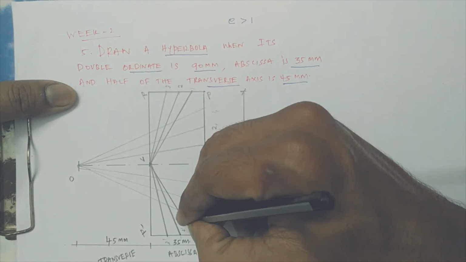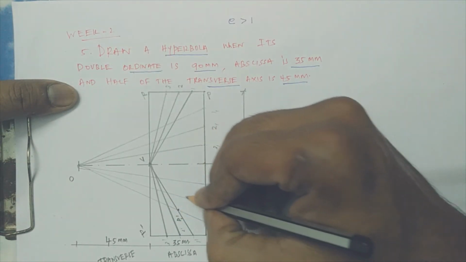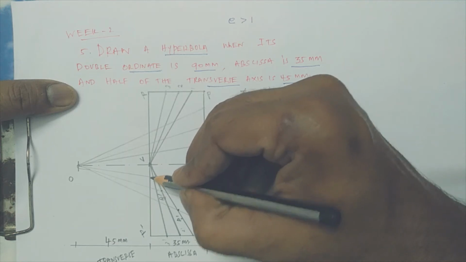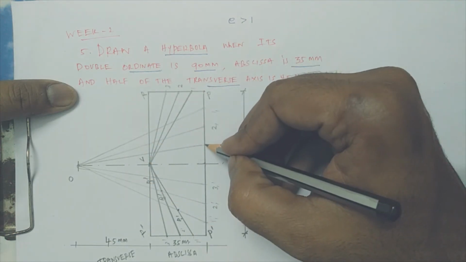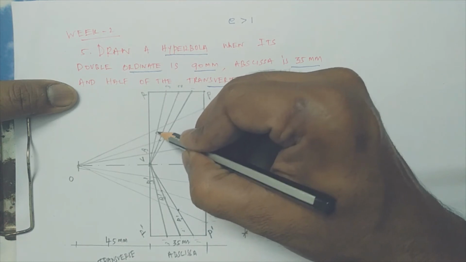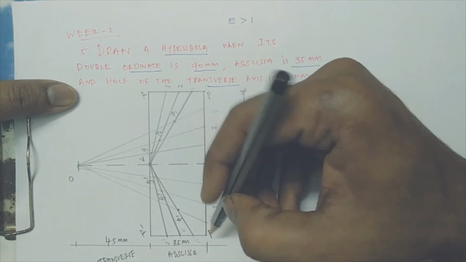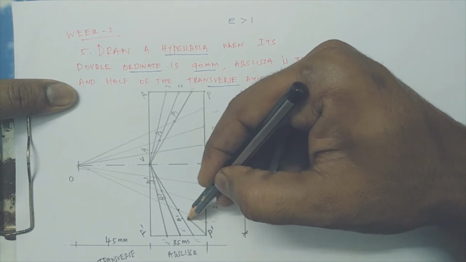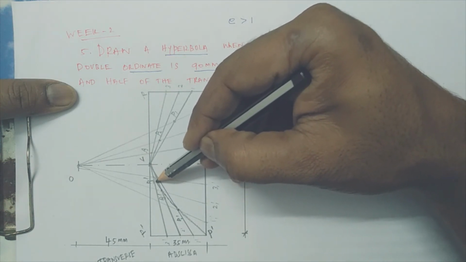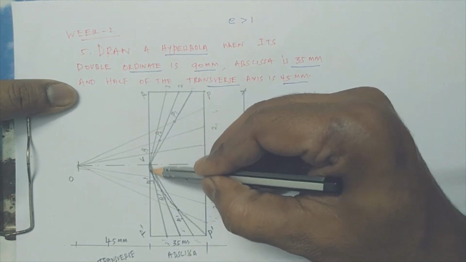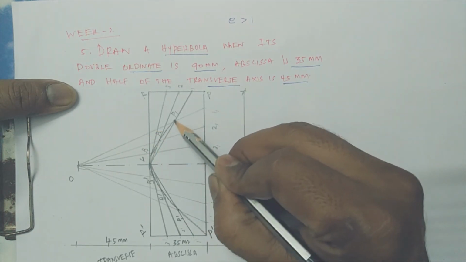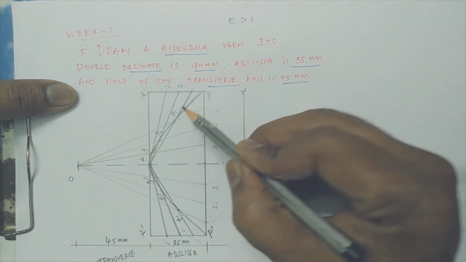Let me call them P1 dash, P2 dash, and P3 dash in one direction, and P3, P2, P1 in the other. We connect them by a smooth curve, and that provides the hyperbola.